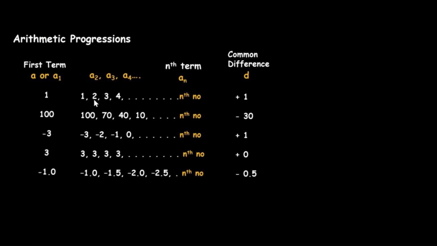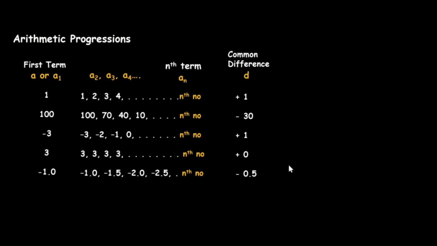So as we discussed, 2 is the second term of this arithmetic progression, and it is obtained by adding 1 to the preceding number, which is 1 here. So 1 plus 1, 2, and 2 plus 1, 3, and 3 plus 1, so on. Similarly, 100 minus 30, which is the constant number or the common difference d for this arithmetic progression. So 100 minus 30 is 70, and 70 minus 30 is 40, and so on for the rest of the examples as well.